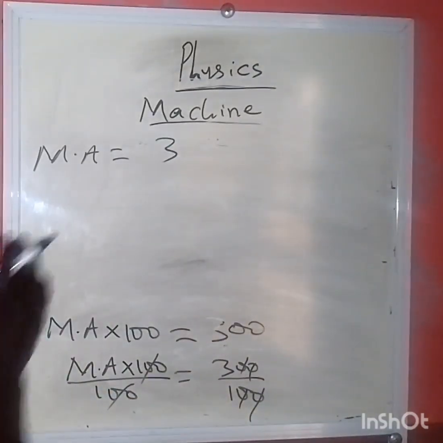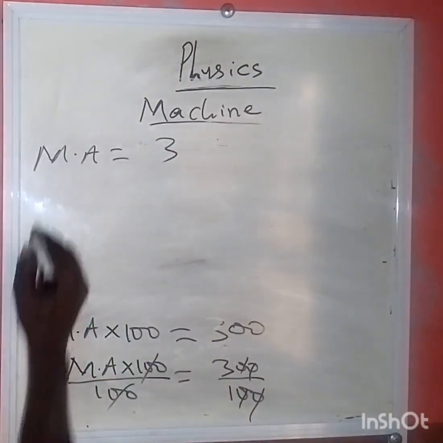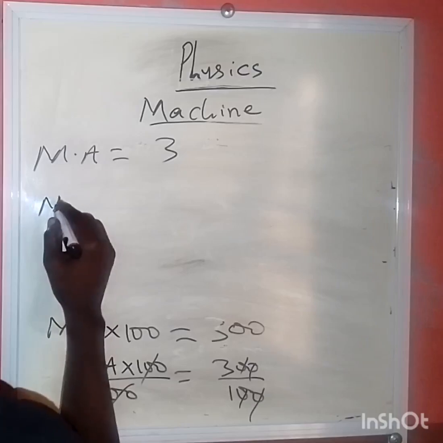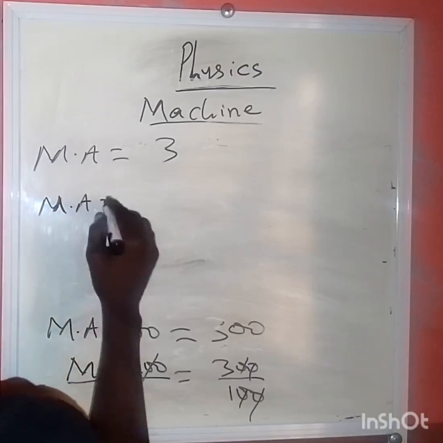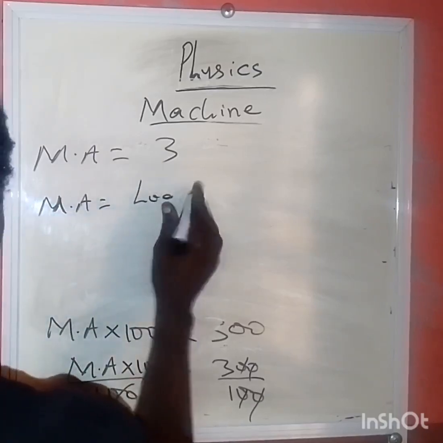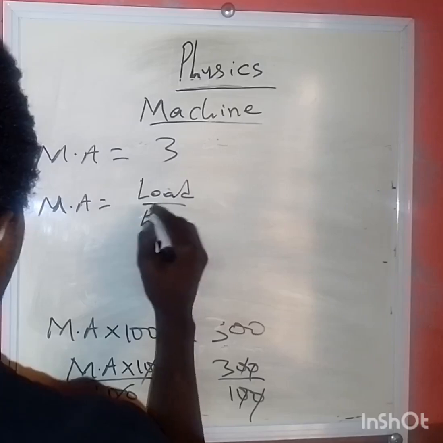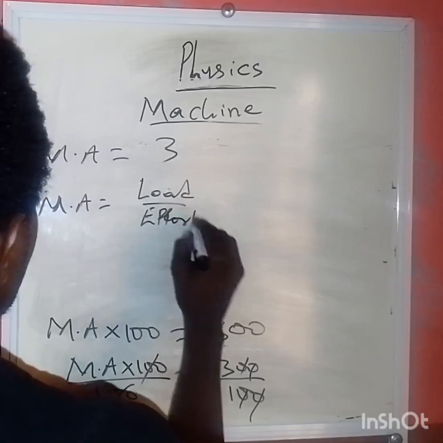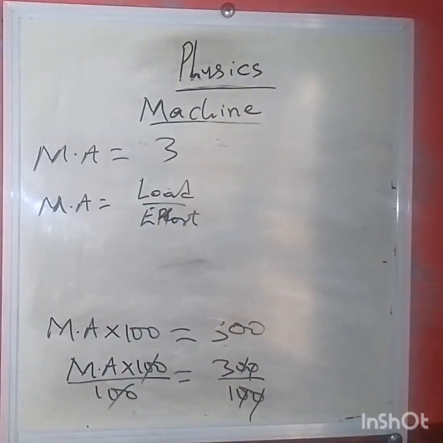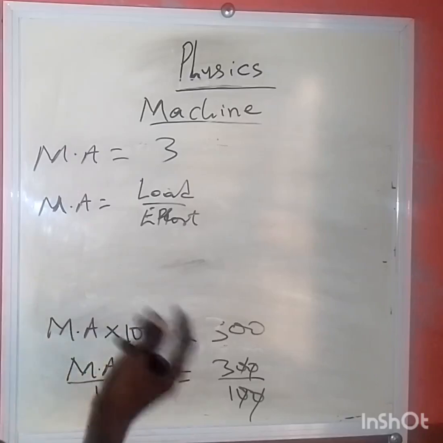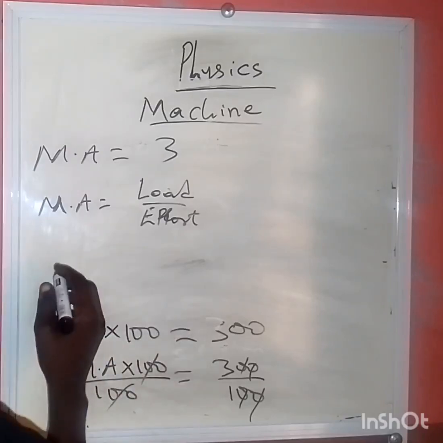So we can use this mechanical advantage to calculate our effort by using this formula: mechanical advantage equals load over effort. The load was given. The load is 1000 Newton. So we just substitute everything we have here.